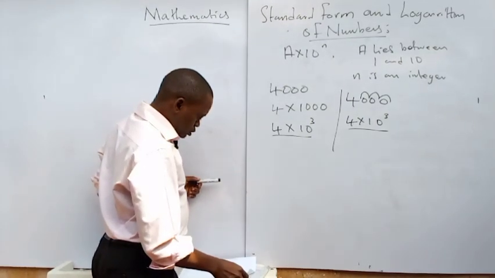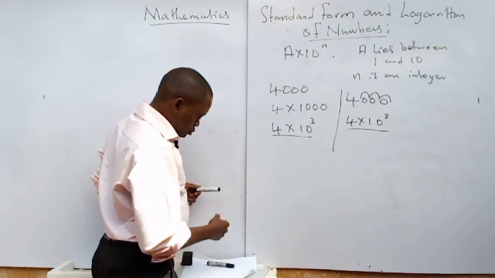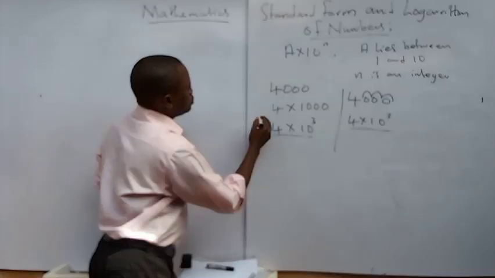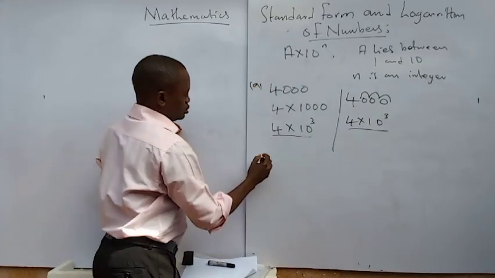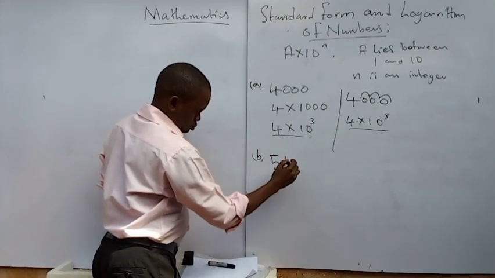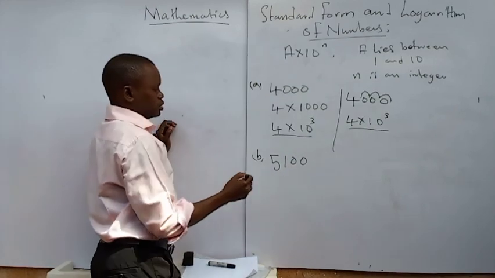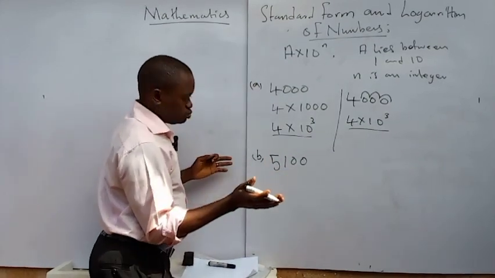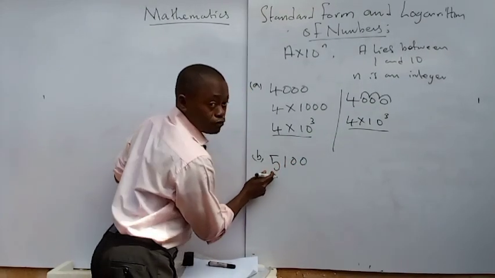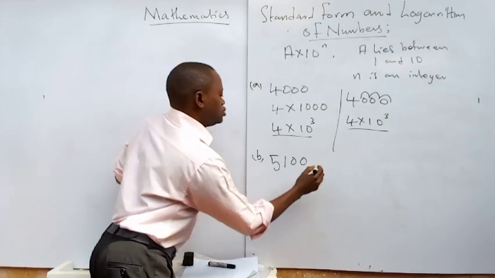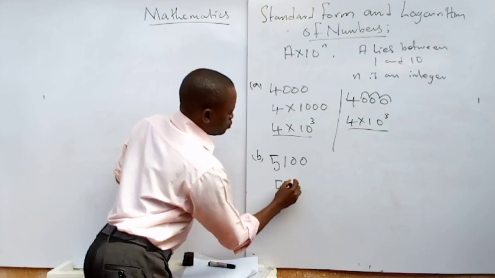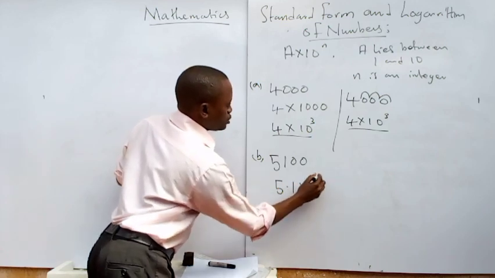Now, let me look at another instance. This is example A, and this is example B. Let's assume we have 5100. This has 4 digits, so you are going to have 5.1 times 10 raised to power 3.